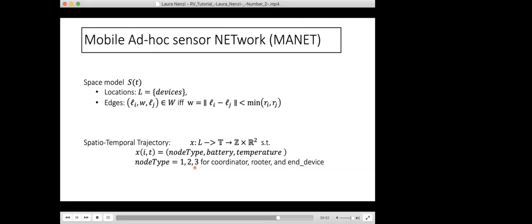Anyway, in the property we will write directly coordinator, but in the implementation there is the node type. So actually the codomain is the integer set times the real set times the real set.